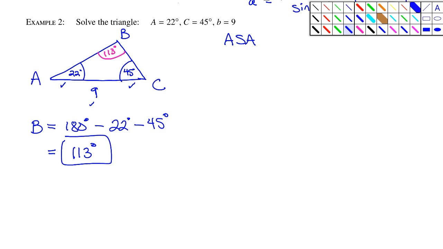Next, I'm going to figure out little a for a side. And so I'll use the B pair to start with. So the sine of 113 degrees divided by 9 is equal to the sine of 22 degrees divided by little a.